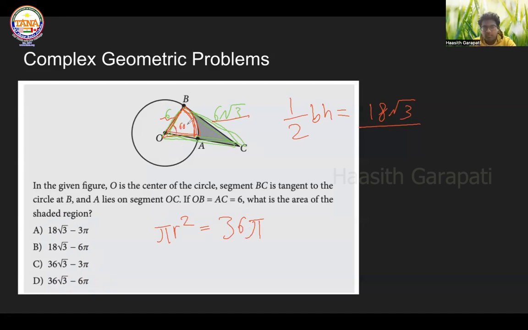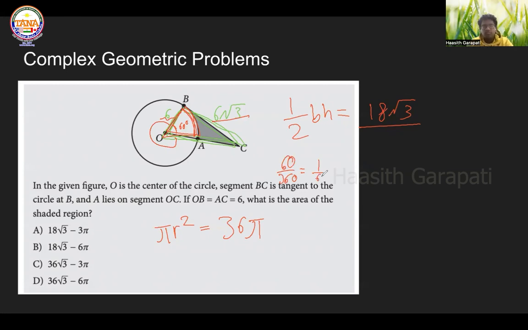This 60-degree segment, oh wait, it's 60 degrees, right? Remember how a circle goes a full 360 degrees? So if you took a segment of the circle that is only 60 degrees, well, 60 divided by 360 is equal to 1/6, right?